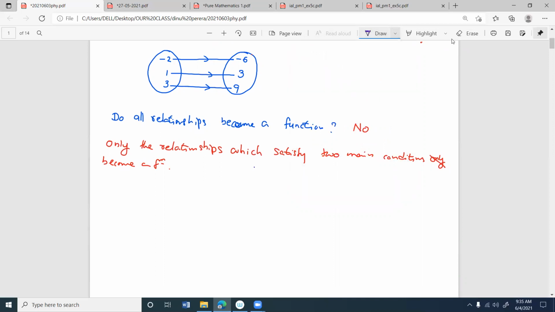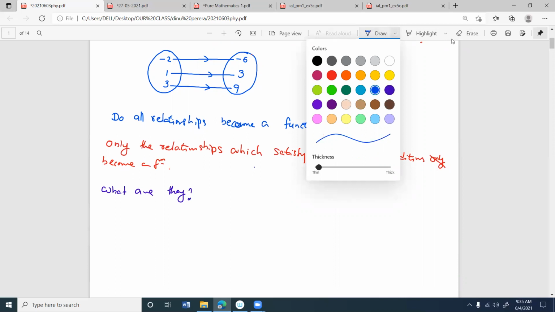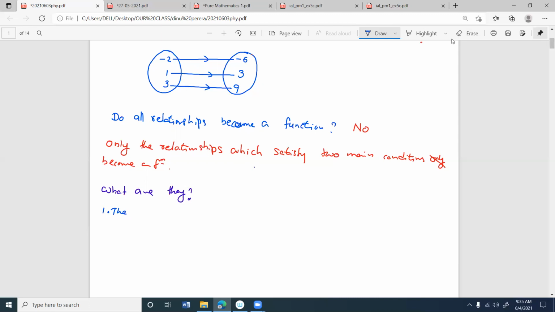The first property is that the relationship must obtain a value in the range for all values in the domain.